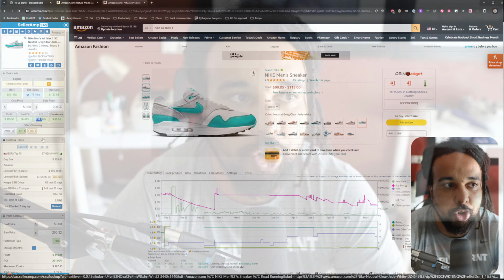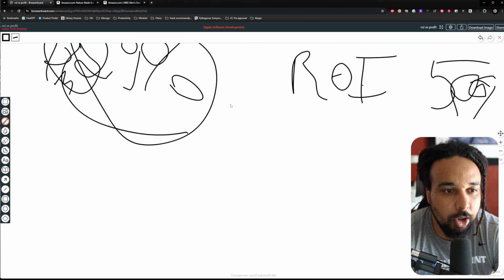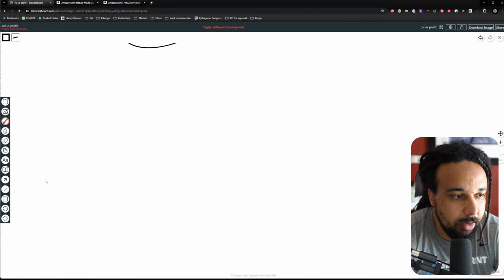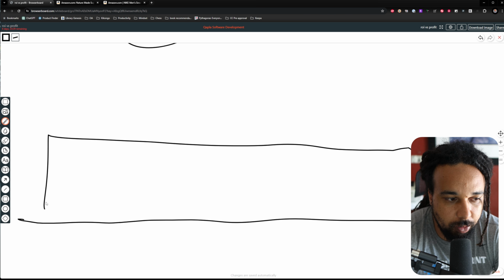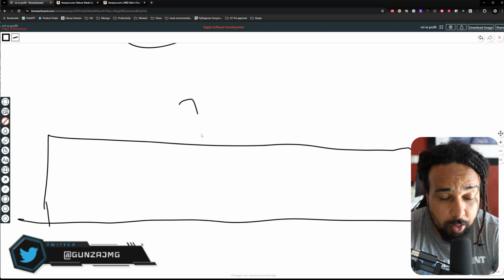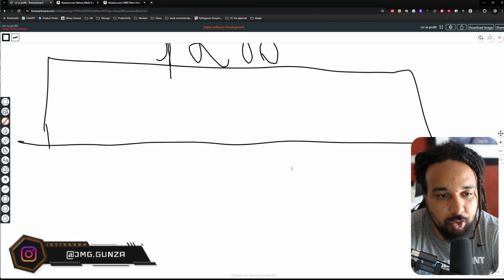The reason why, let's go back to the drawing board. Let's design our products' revenue the same way as we did before. Let's use this product as an example. The first one we sell for $200.